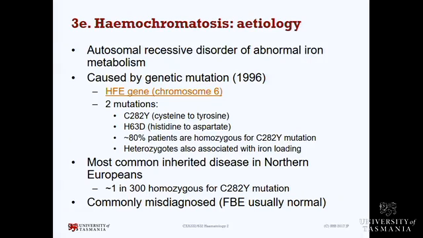So hemochromatosis is an autosomal recessive disorder due to mutations in genes that encode for the proteins involved with iron metabolism. The first genetic mutation was discovered in the mid-1990s, in a gene they called the HFE gene, the hereditary hemochromatosis gene. It's found on chromosome 6, as you can see there.